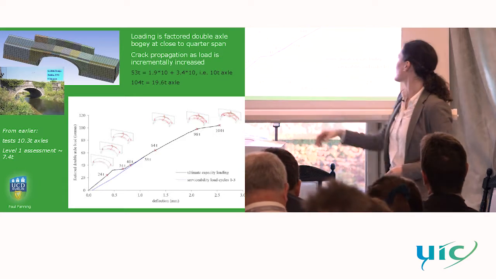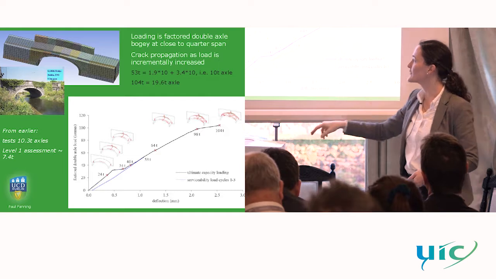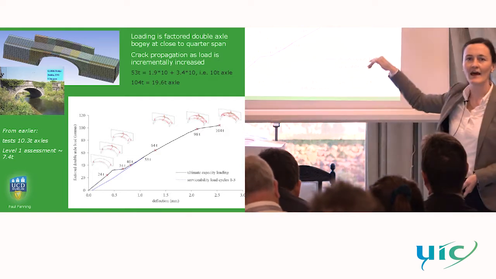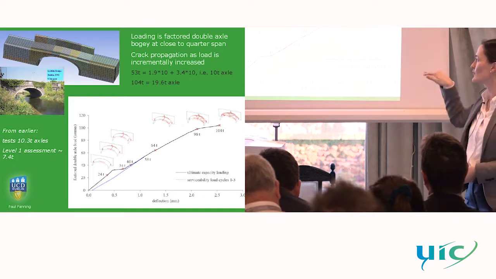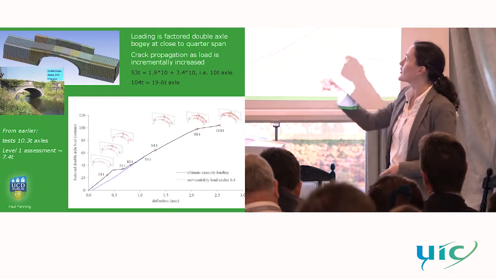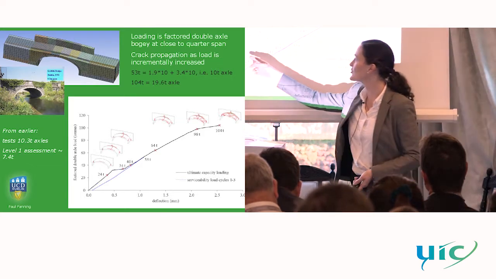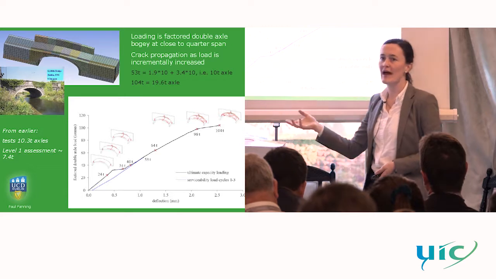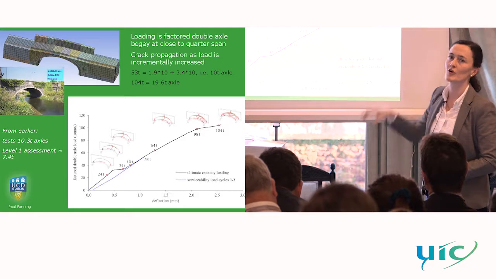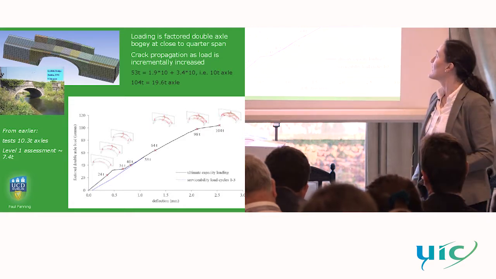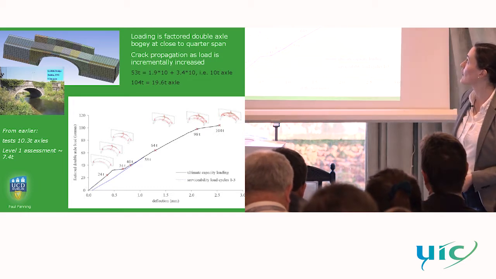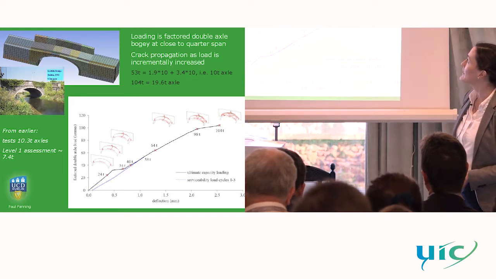And then we ran it through 3 load cycles. And you can see that effectively, once you've gone through your first load cycle, the behavior is repeated. We then increased our load, looking at the different damage patterns and changes in stiffness as you approached your ultimate capacity load, until we reached an ultimate capacity load of about 104 tons across the double axle bogie.